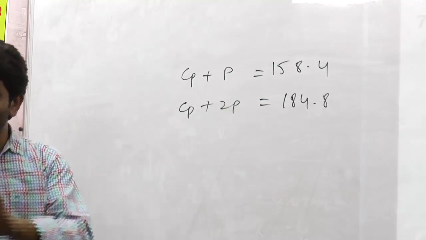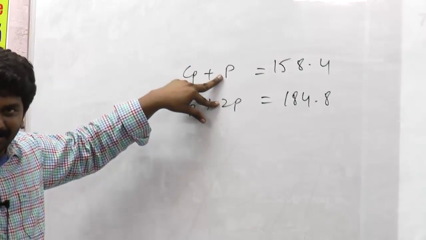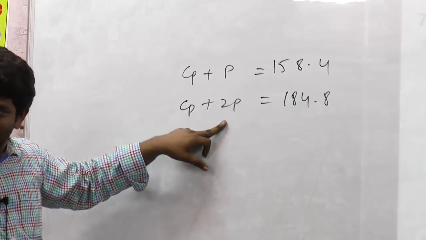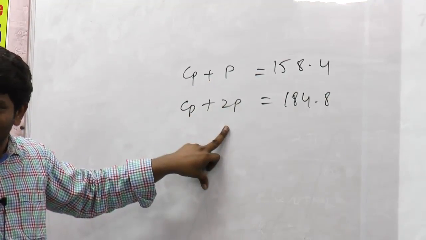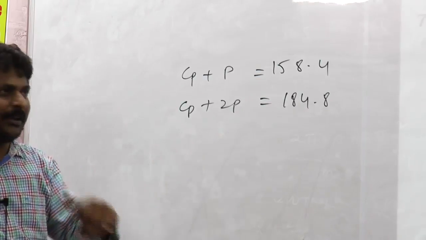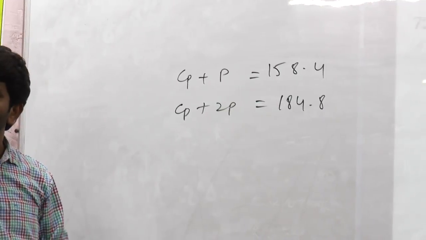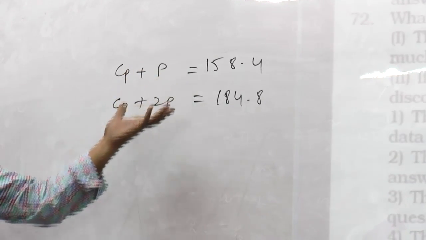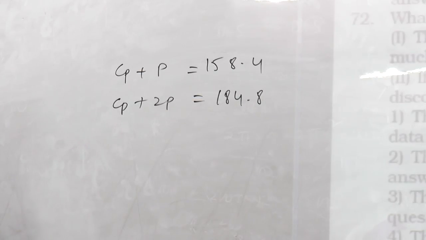Will there be any difference between profit, if profit percentage is double? If profit percentage is double, does it mean that profit is double in second case? Whether you have in terms of rupees or in terms of percentage, you will get answer.